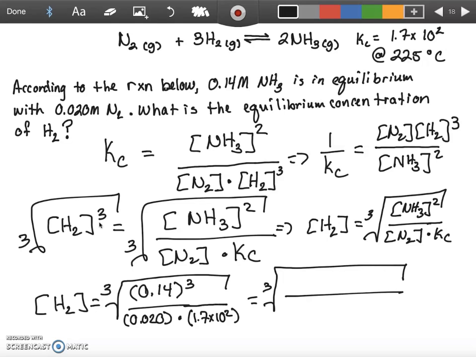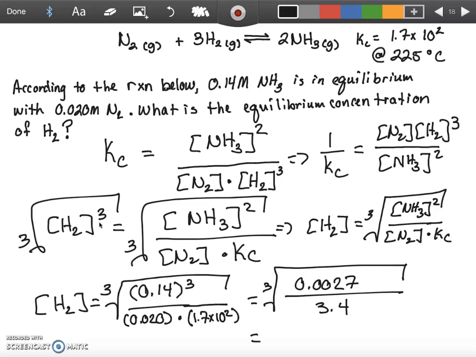0.14 raised to the third power is going to be 0.0027, two significant figures, and then we have 1.7 times 10 to the second, which is the same thing as 170, times 0.020, that's 3.4 on the bottom.